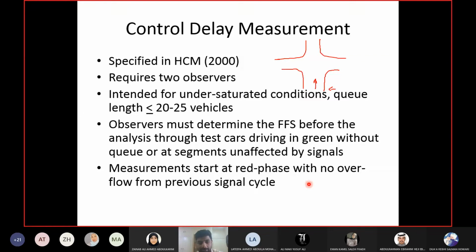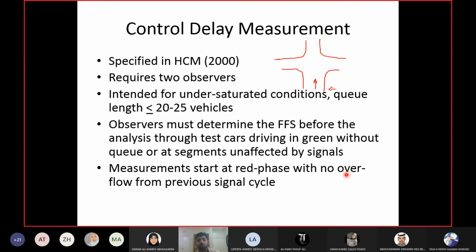The signal has become red, they are not letting you pass. So you are part of the overflow. You were standing at that signal from the previous red phase, and you still have to spend more time in the queue in the next red phase.